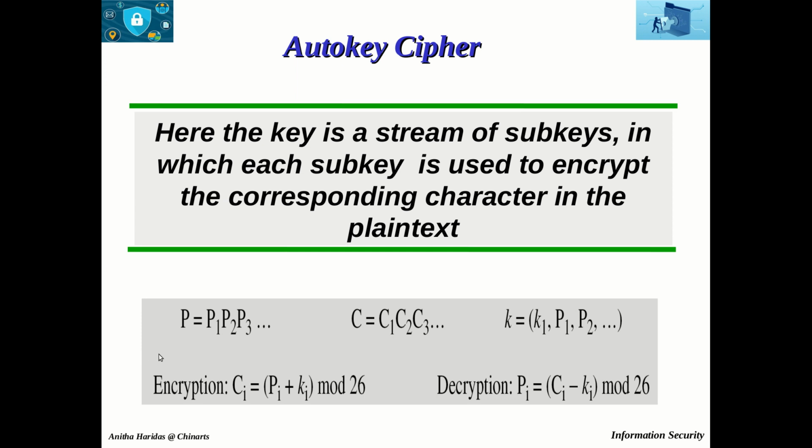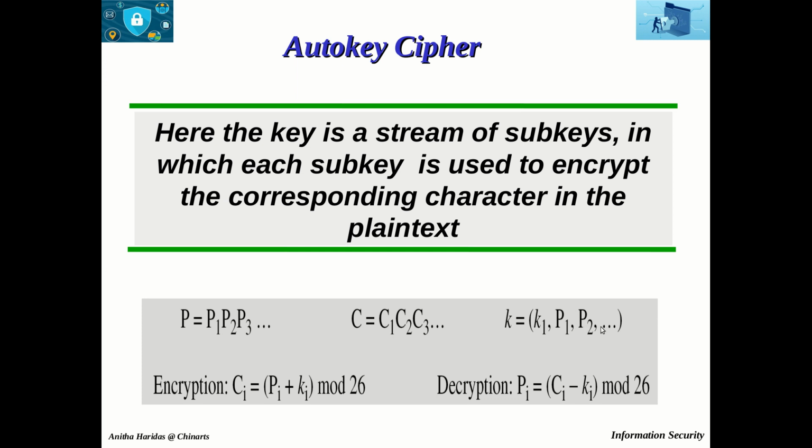You can observe here the plain text P is a series of characters P1, P2, P3 and so on. C is the ciphertext which has a series of characters C1, C2, C3 and so on. And K is also a stream of subkeys, where K1 is a predetermined value.